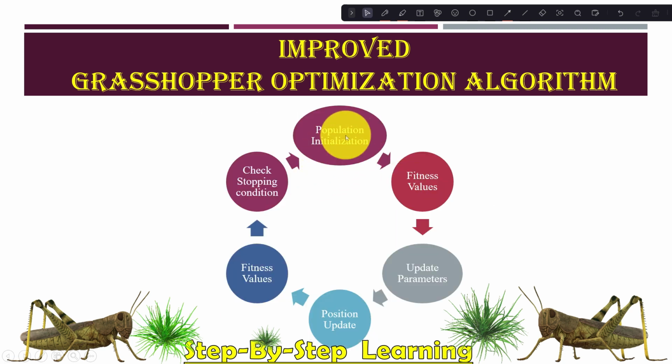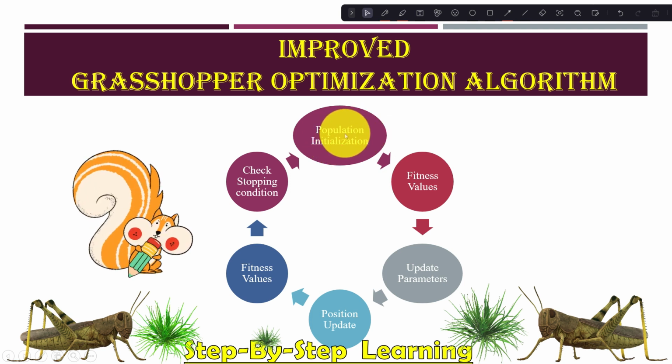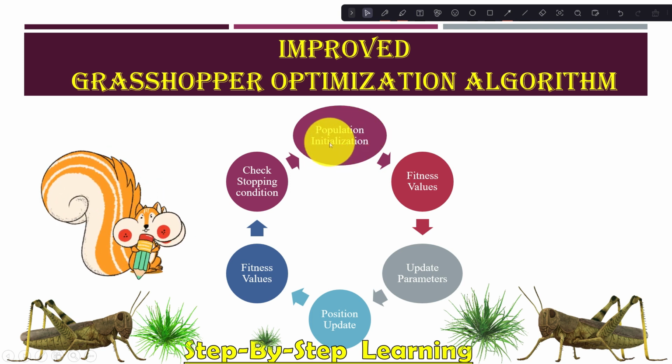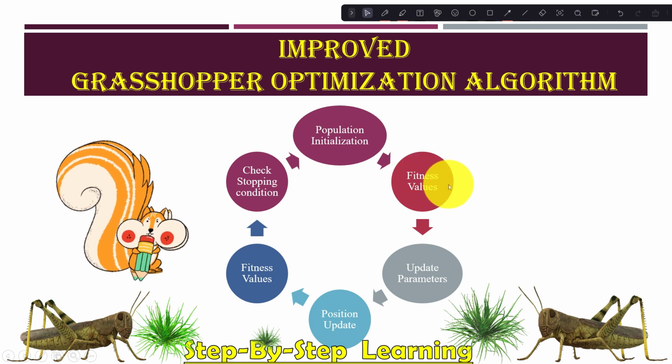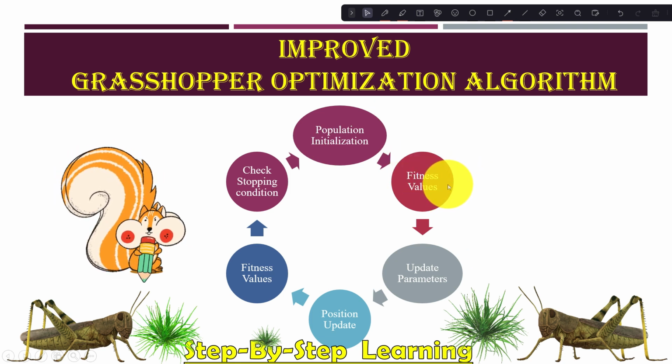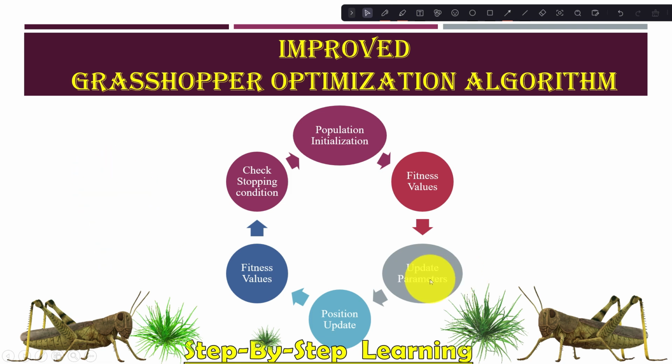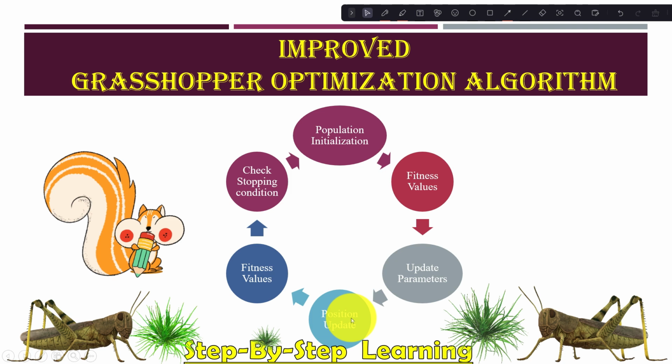So first we will initialize the population randomly in the search space and also initialize all the important parameters like population size, maximum number of iterations, acceleration due to gravity, and other parameters. Then we will compute the fitness value for each agent in the search space. After that, update the parameters and then update the agent's position in the current population.